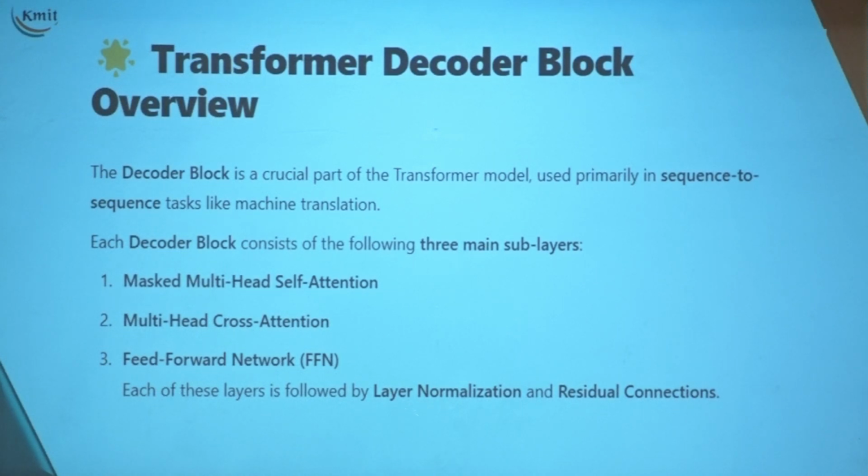Three. What are they? Masked multi-head self-attention and multi-head cross-attention. Now understand this. When I talk about MHA, query, key and values are from the decoder, so this is called self-attention.